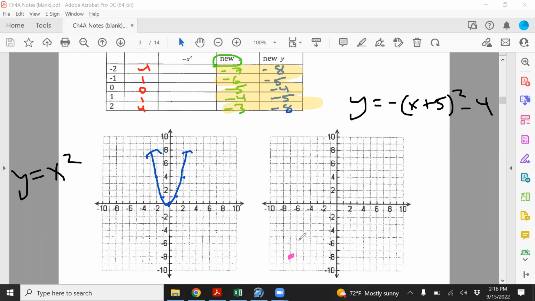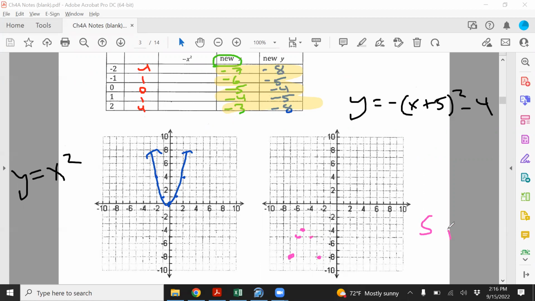Negative 6, negative 5. Guys, quiet in the back, please. Thank you. Negative 5, negative 4. Negative 4, negative 5, no, negative 5, negative 4. So negative 4, negative 5 is down here. Then negative 3, negative 8 is down here.